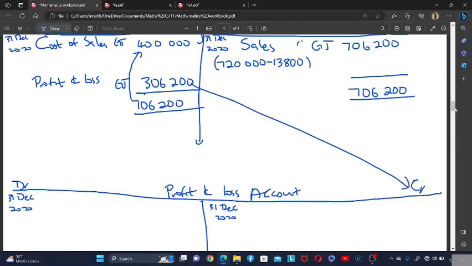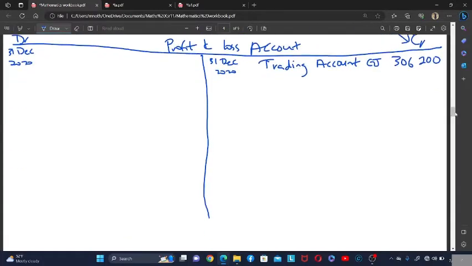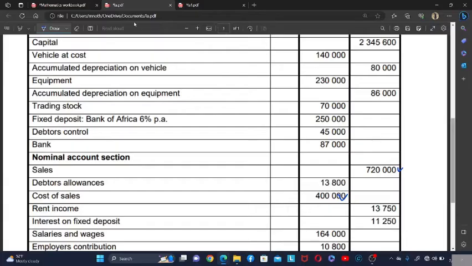We know that if something is debited, it must also be credited. So there is 306,200. It is coming from the trading account.